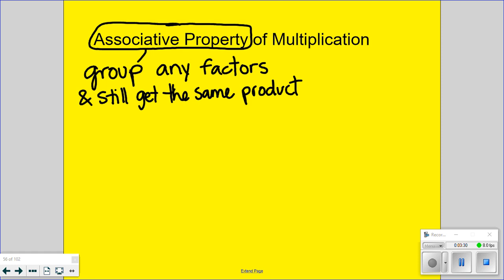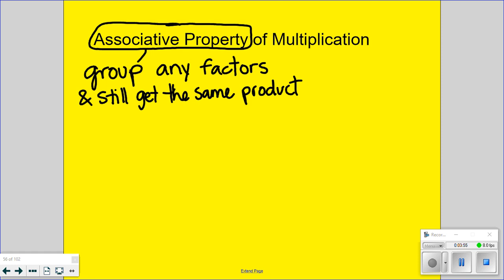You just have to do it exactly how it is. We can't rearrange it. And we'll talk about that as we get into division. Kind of. They are inverse.